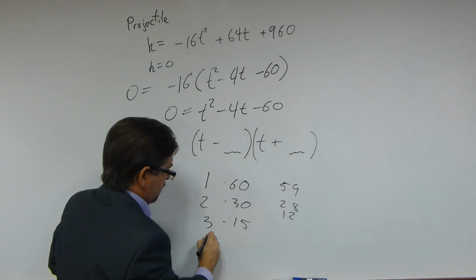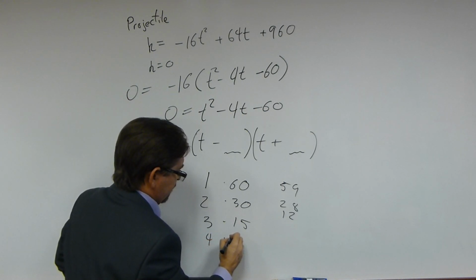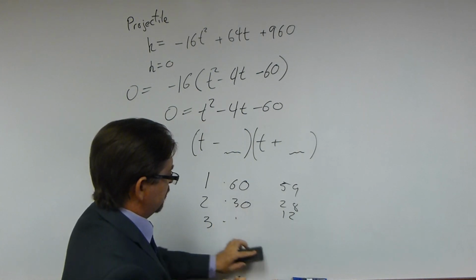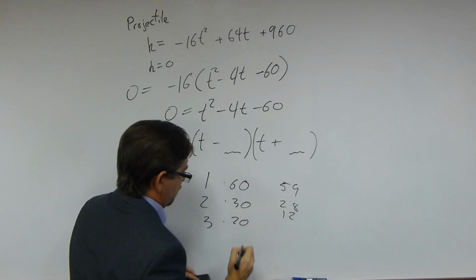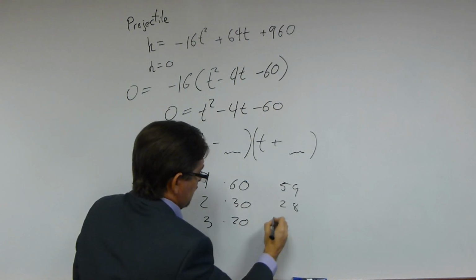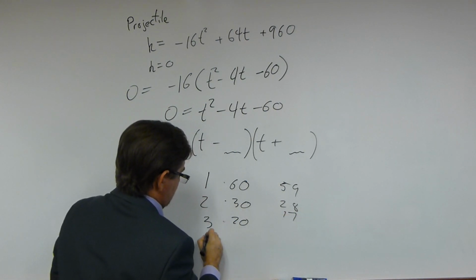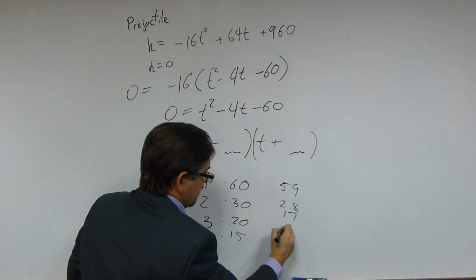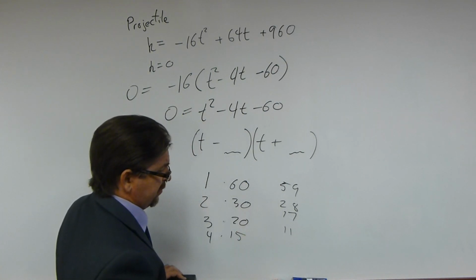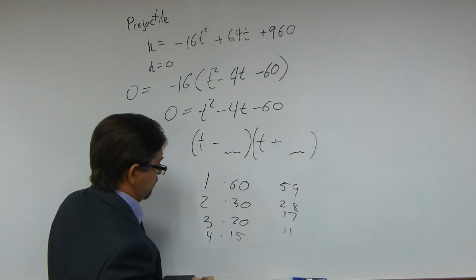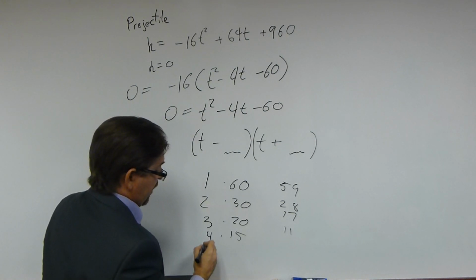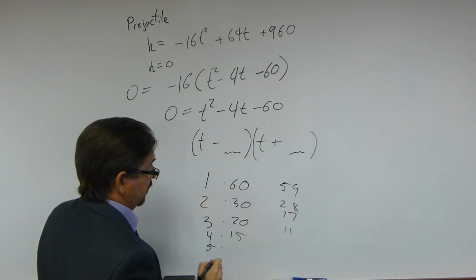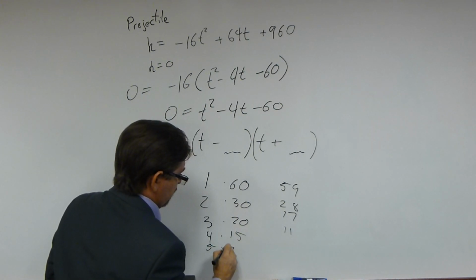How about 4 times, well, sorry, math error. That was 3 and 20, which would give us 17, 4 and 15, which would have given us 11. Still not small enough. Suppose we got 5 times 12.